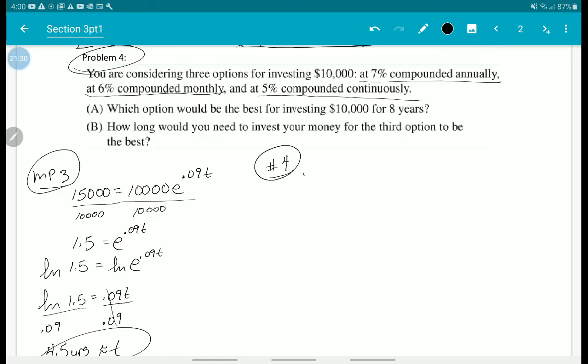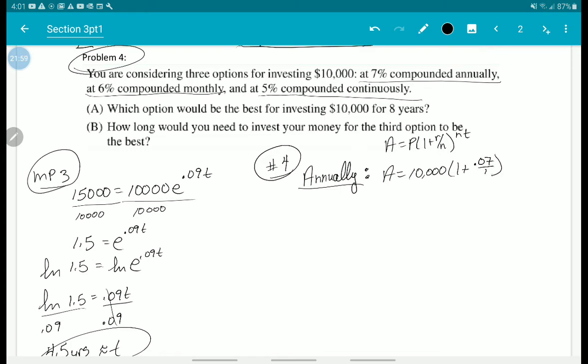So let's look at annually. So for compounding annually, we're using that compounding formula. We are investing 10,000. Interest rate is going to be 7%.